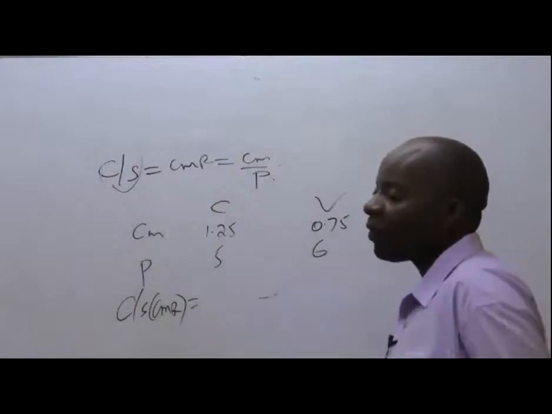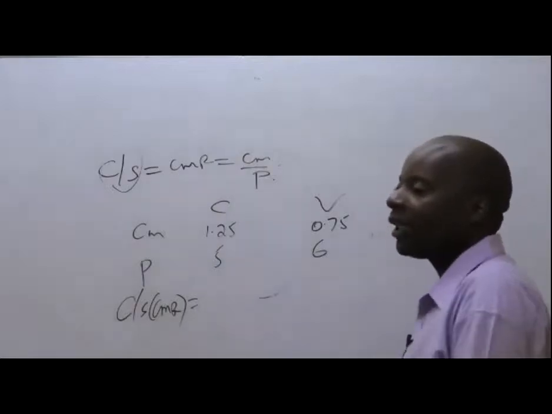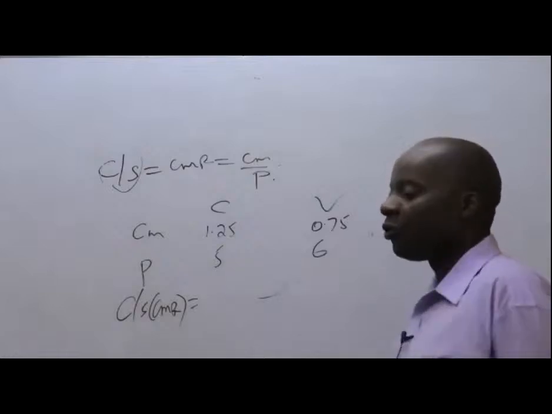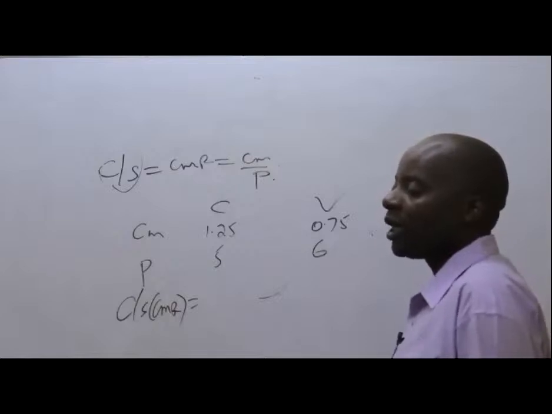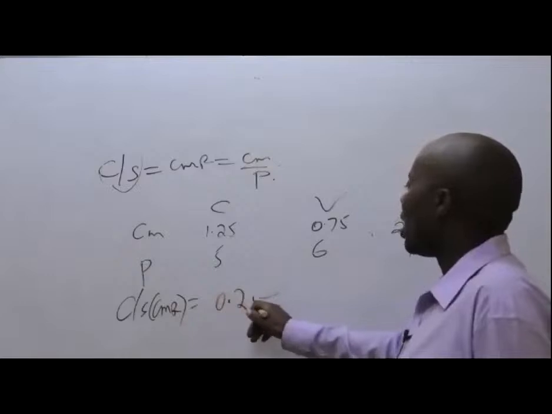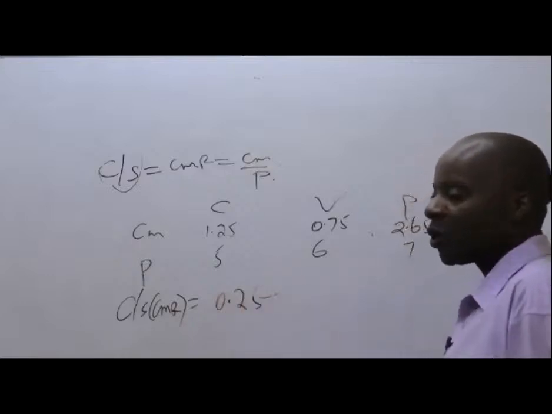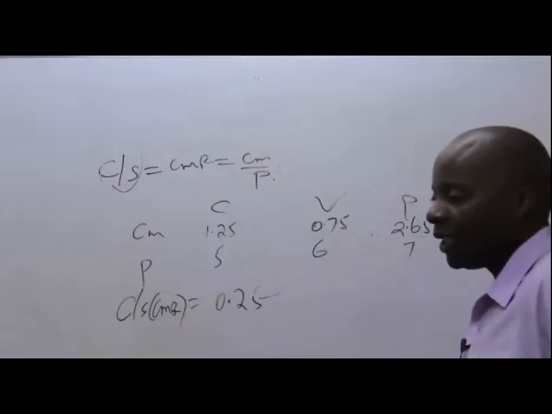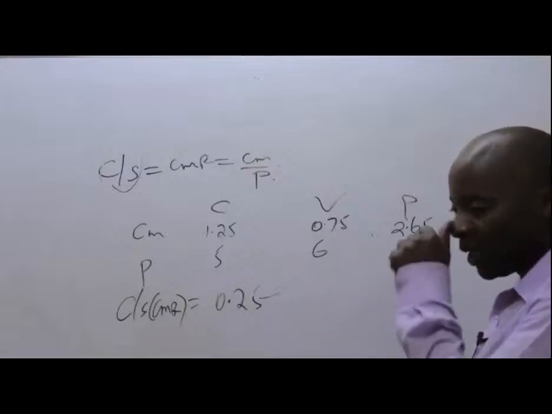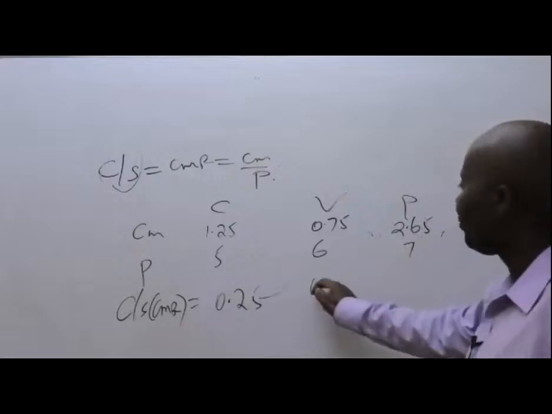Talk of 1.25 divided by 5, please give me an answer. 1.25 divided by 5, 2 decimal places. What do we have? 0.25, thank you. How about 0.75 and 6? 0.75 vis-a-vis 6 here for V. For V, what do we have? 0.13.